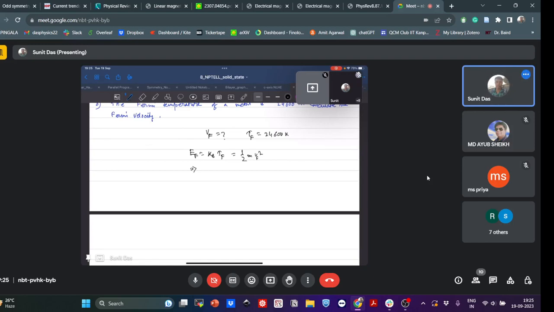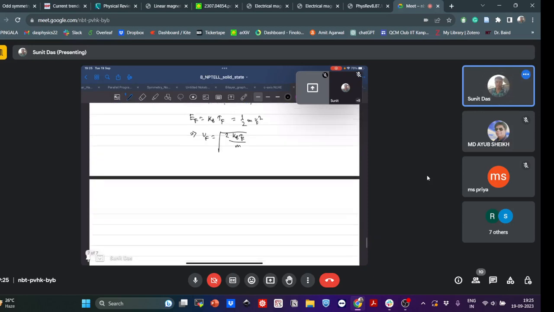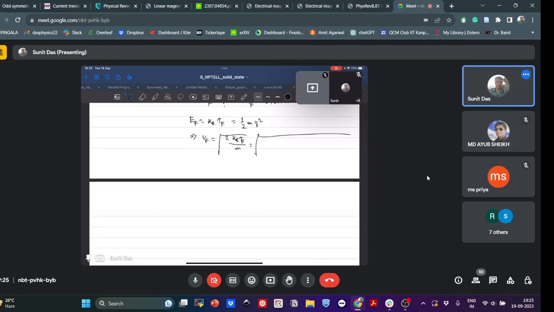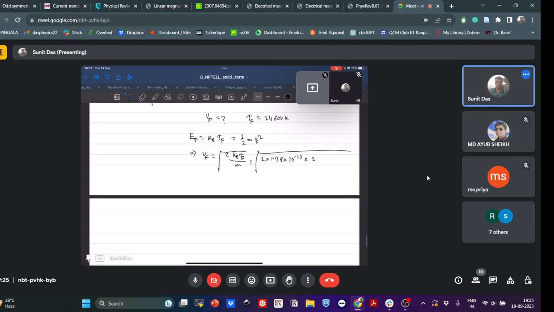So Fermi velocity equal to root of 2 kB TF by m, where m is electronic mass.